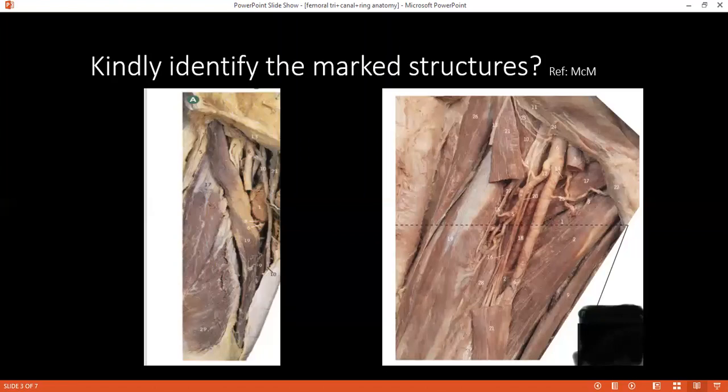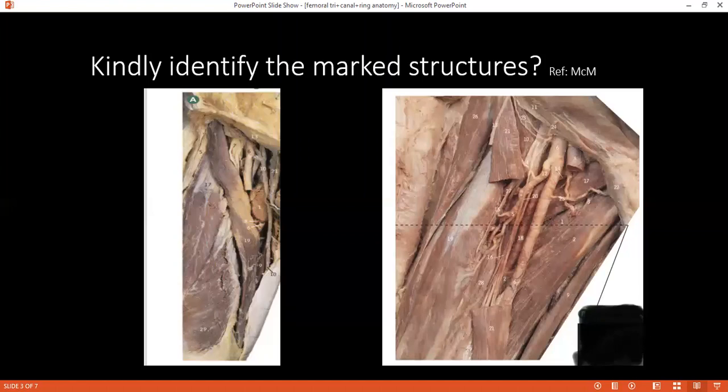But I'm not sure what forms it superiorly. I'm not too sure, I'm afraid. Okay, it's actually the downward prolongation of the transversalis fascia and iliopsoas fascia.